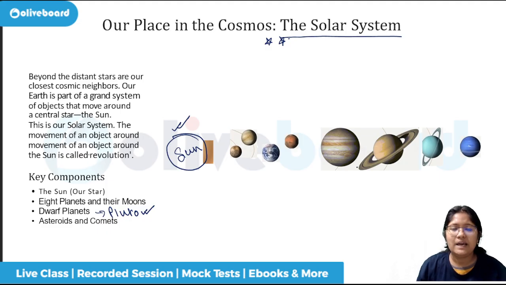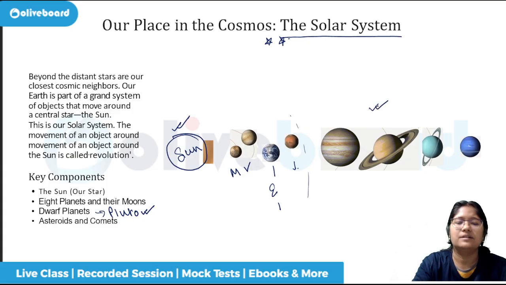Now, in these 8 planets, we see that Mercury and Venus do not have their own satellites, but after that, Earth has one satellite, Mars has 2 satellites, and slowly, after the inner planets are done, the outer gaseous planets have many satellites.